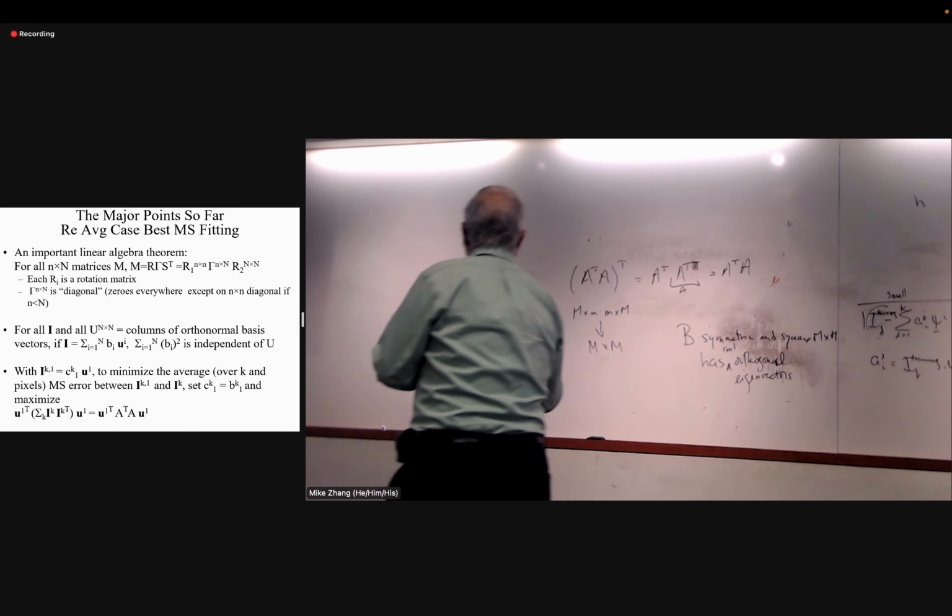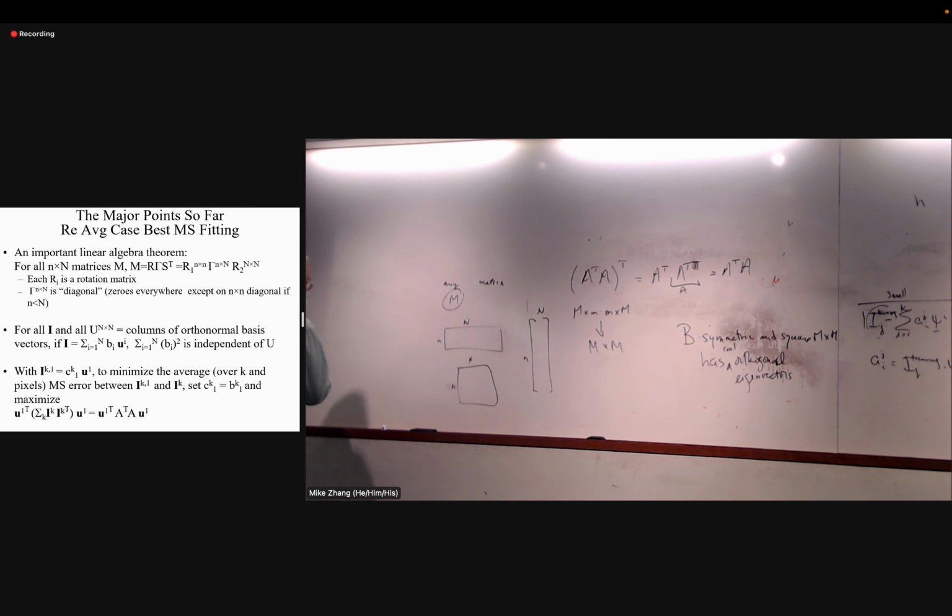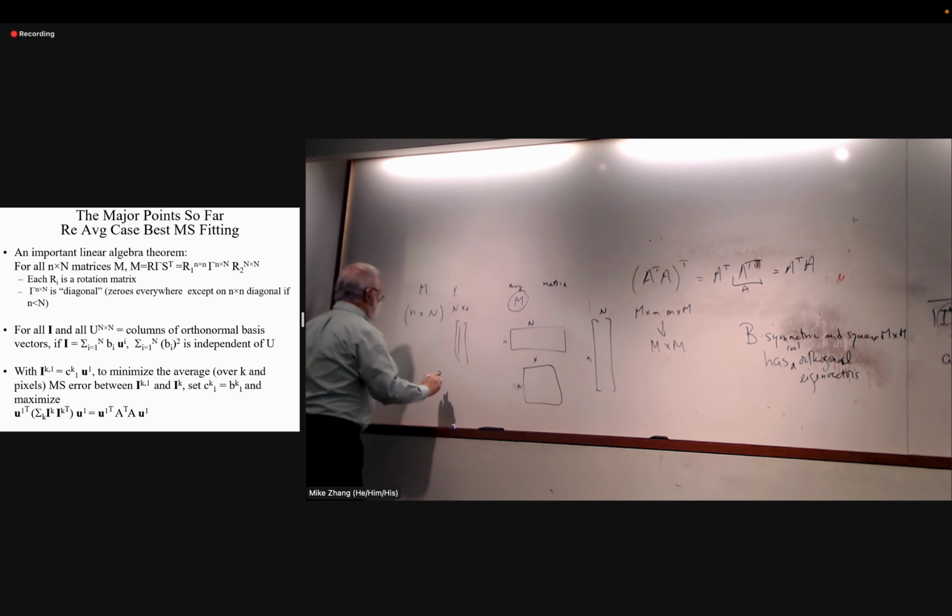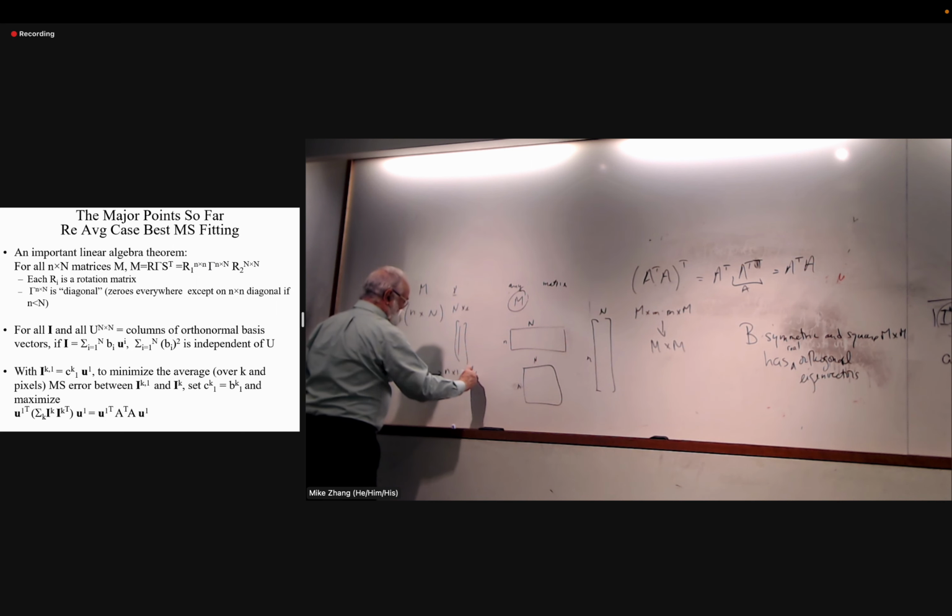So if you think of what an n by N matrix's job is, here's this matrix M. Its job is to take in an input x, which is N by 1, a column vector, and produce a little n by 1 result, Mx.